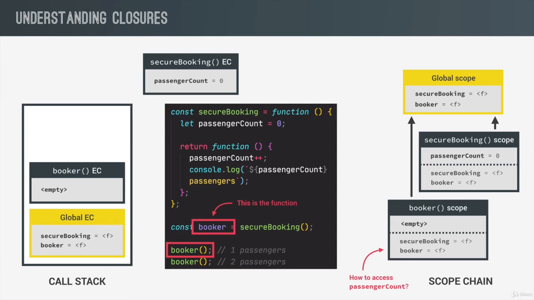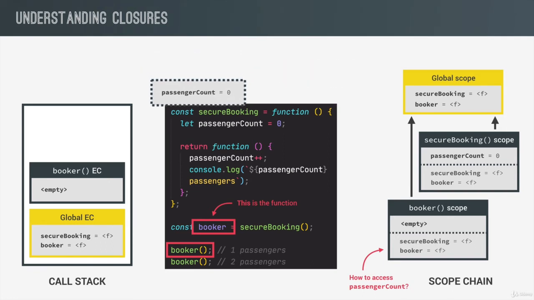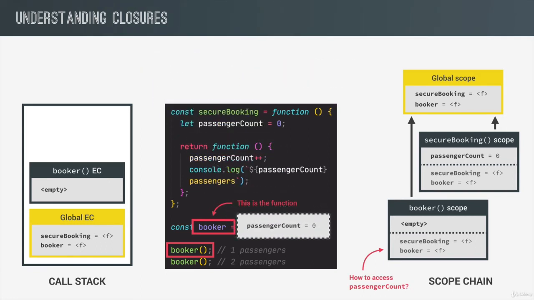Now, in the case of Booker, this function was created, it was born in the execution context of secure booking, which was popped off the stack previously. Remember? So, therefore, the Booker function will get access to this variable environment, which contains the passenger count variable. And this is how the function will be able to read and manipulate the passenger count variable.